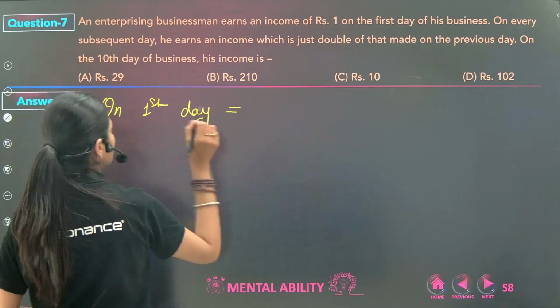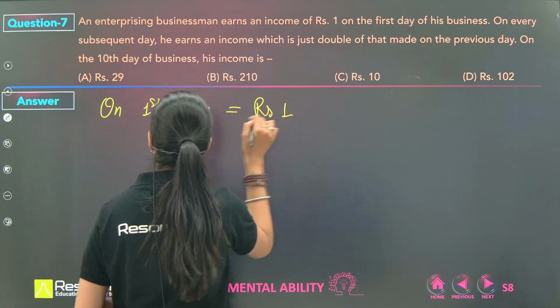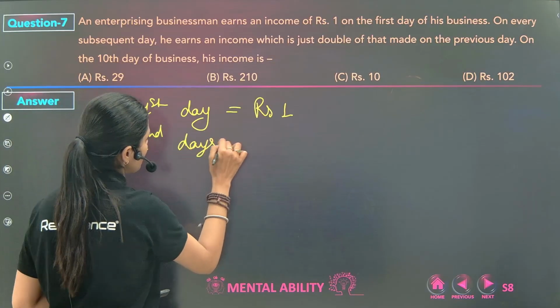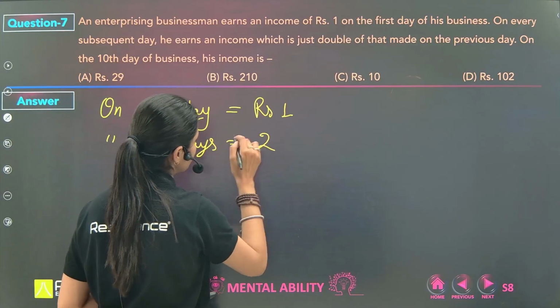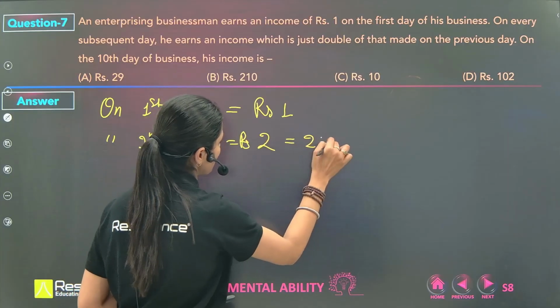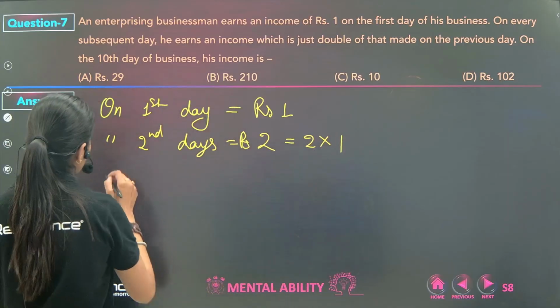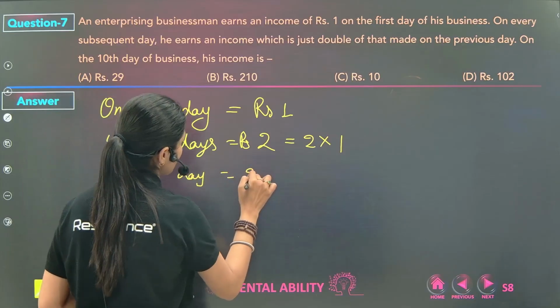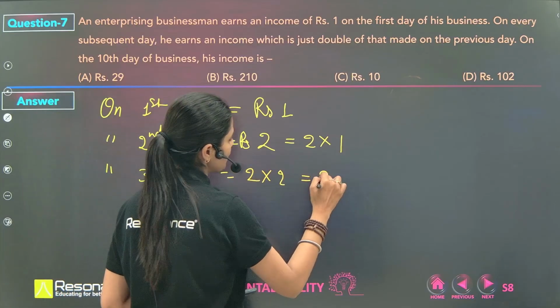On the second day the income was 2, so we can also write 2 into 1. Now on the third day, it is 2 into 2, that will be 2 square.